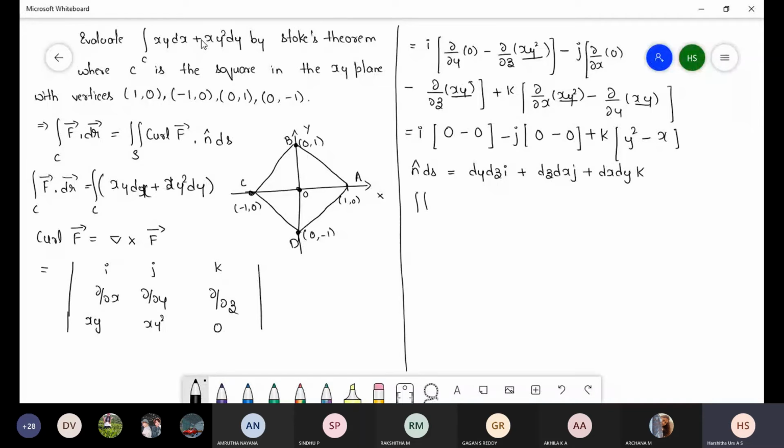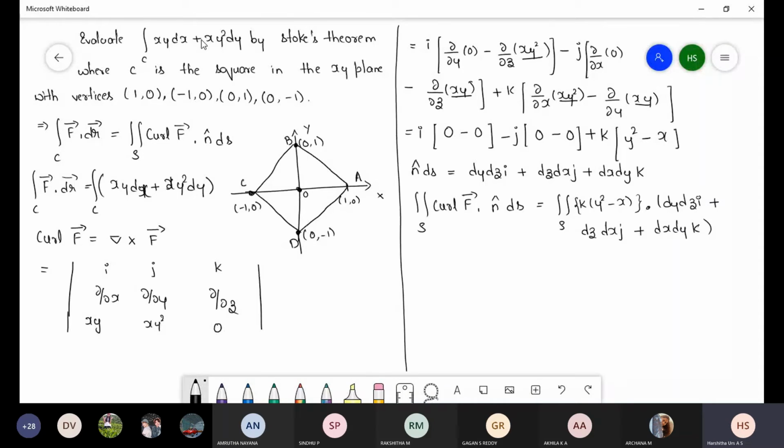Now apply the double integral, that is the RHS side. Curl vector f dot n cap ds, that is equal to, curl vector f we got k into y square minus x, dot product of dy dz i plus dz dx j plus dx into dy into k.